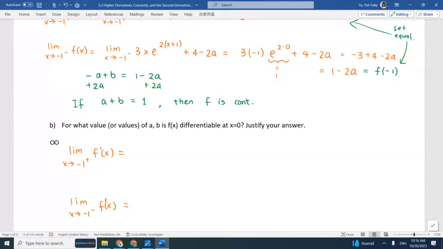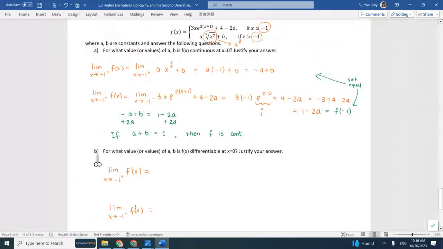Is that okay, everybody? All right, the right side derivative. The right side is the bottom formula, right, everybody? So you can look at part A for the formula.